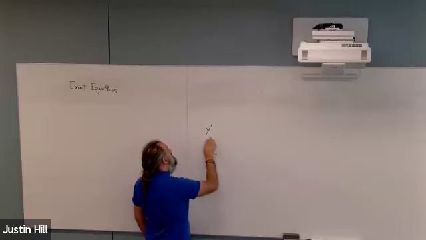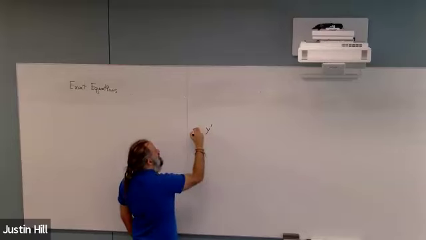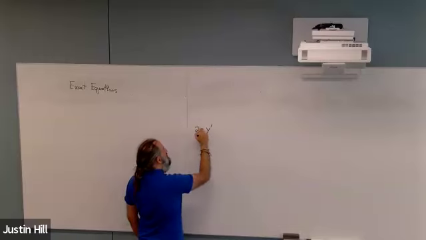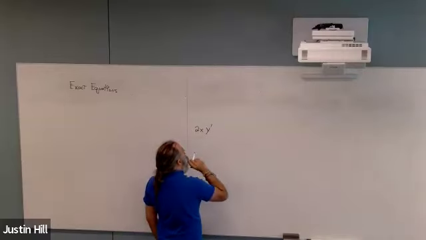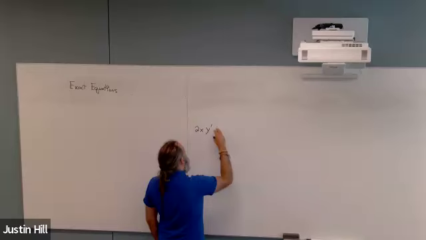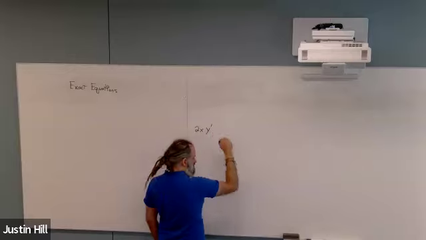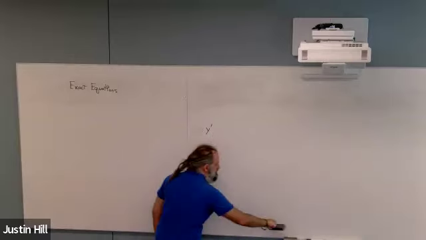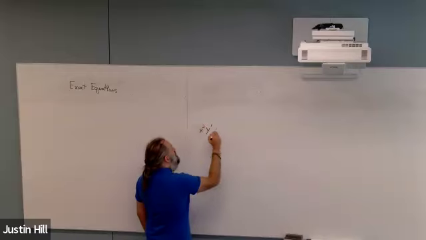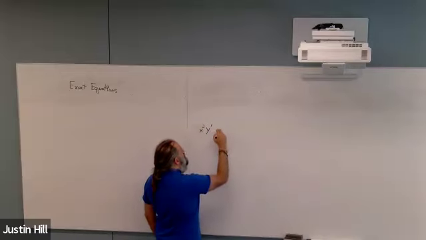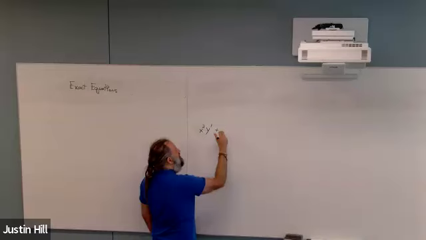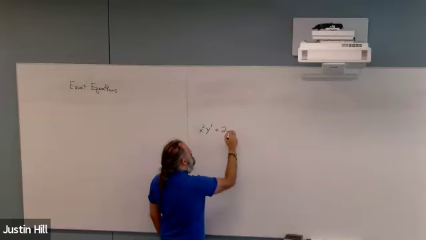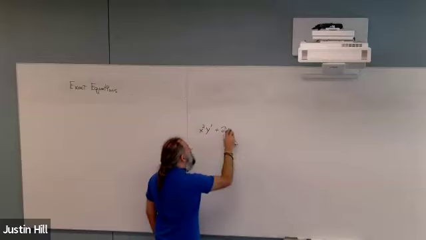So after we multiply by the integrating factor, let's say we ended up with x squared y prime, and let's say the left side of our first order linear differential equation, after you multiply with the integrating factor, ends up looking like something like this. 2x, right?